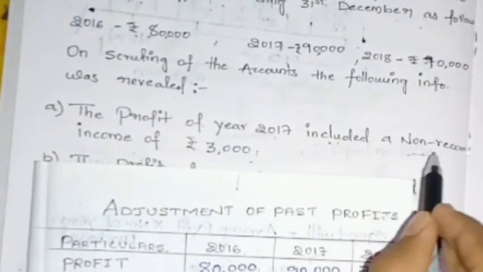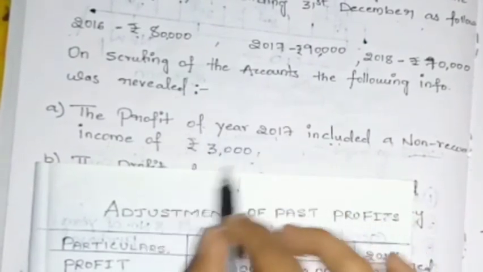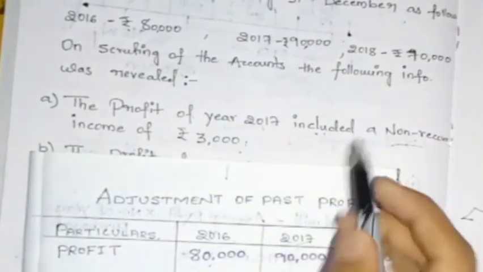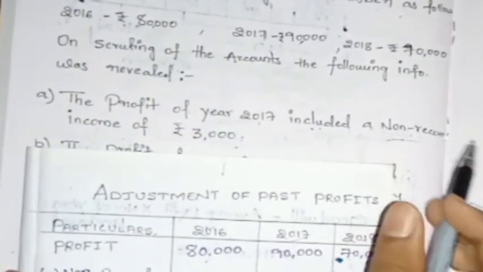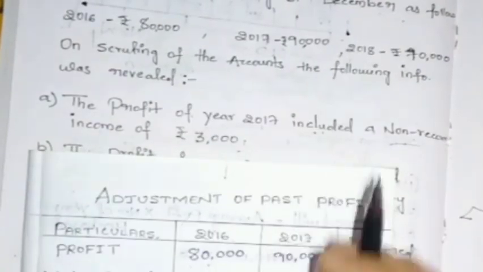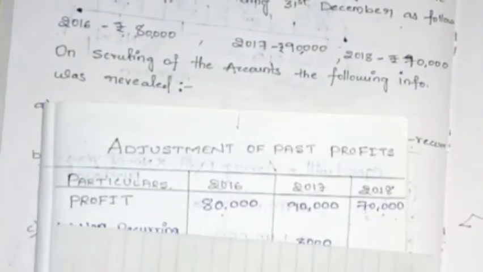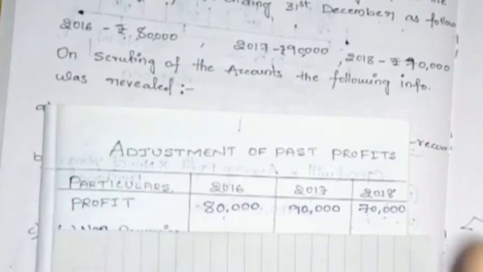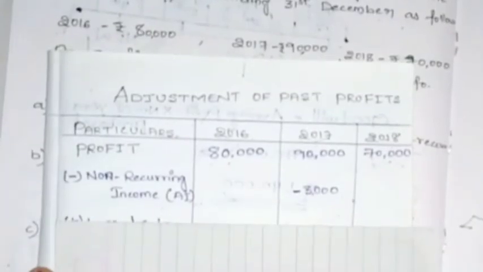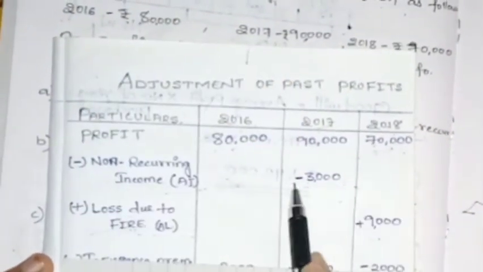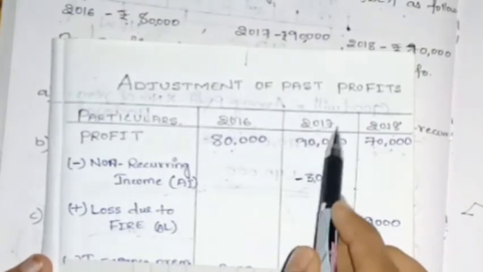It is not recurring in the future. So this is abnormal income. Abnormal income should be subtracted. So we have to subtract 3,000 from the year 2017.